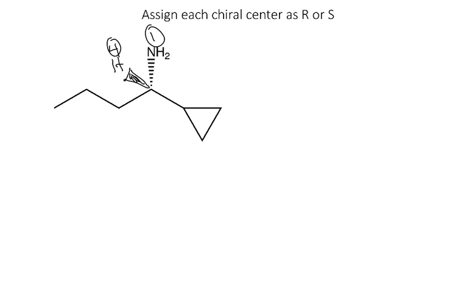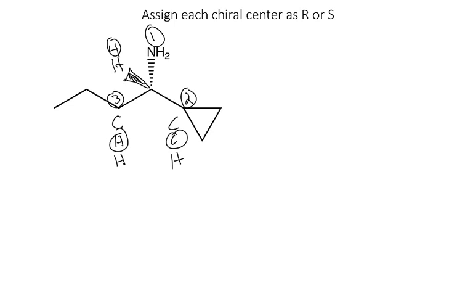When I look at this carbon, it's attached to a carbon and 2 hydrogens, so it's CHH. This carbon is attached to 2 carbons and a hydrogen, so it's CCH. Right, so here's my tiebreaker. So this one gets priority 2. This one gets priority 3.